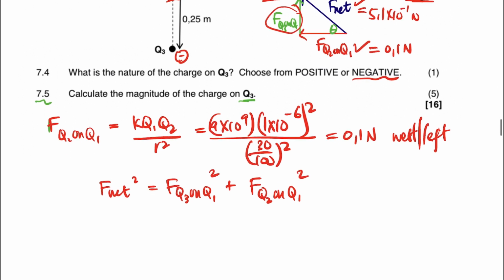And then my unknown is this, right? My unknown is that. So let me make it the subject of the formula. So I can say force of Q3 on Q1 is equal to the square root. Okay, let me not put the square here.